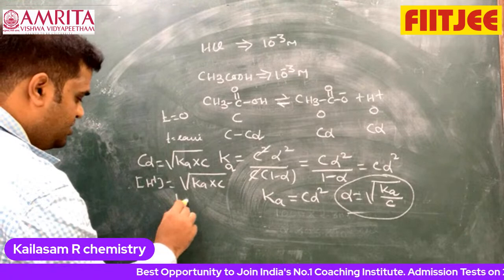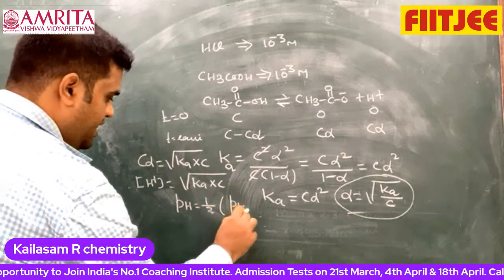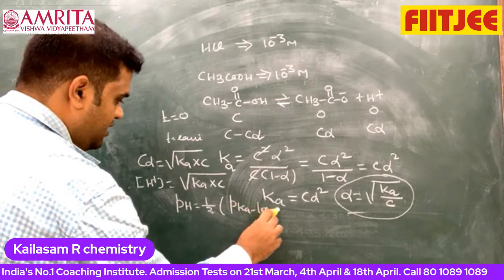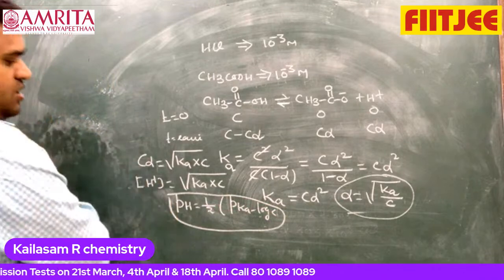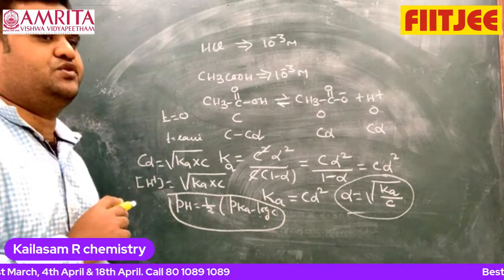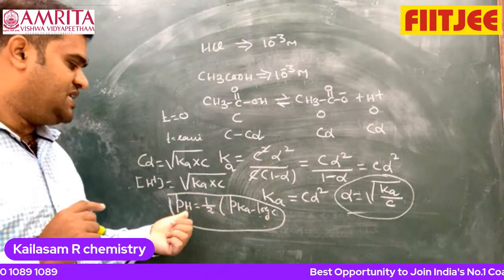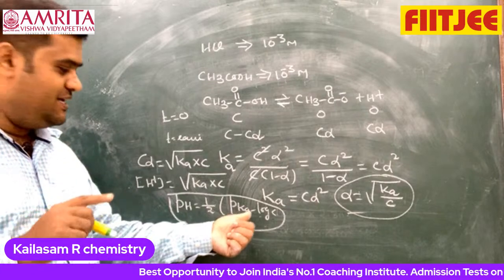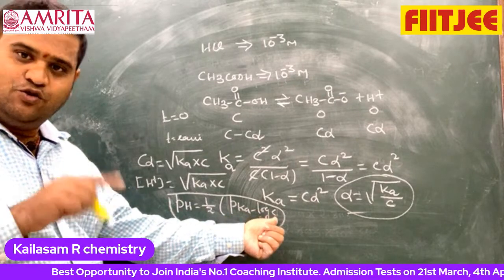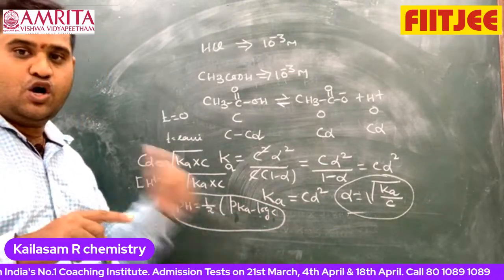Therefore, pH is equal to 1 by 2 pKa minus log C. This is the equation of weak acid pH: pH equal to 1 by 2 pKa minus log C. On dilution, concentration will change, pH will change, pKa remains constant.